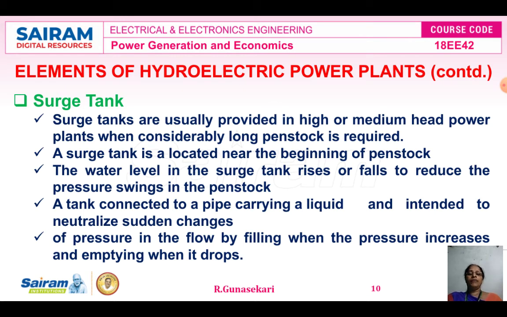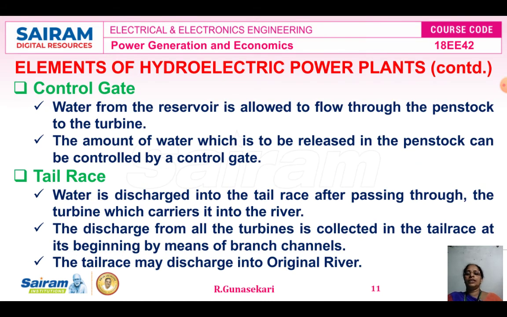The water level in the surge tank rises or falls to reduce the pressure swings in the penstock. The surge tank is connected to the pipe carrying a liquid and is intended to neutralize sudden changes of pressure in the flow by filling when the pressure increases and emptying when it drops. For that purpose we are using the surge tank in the hydroelectric power plant.